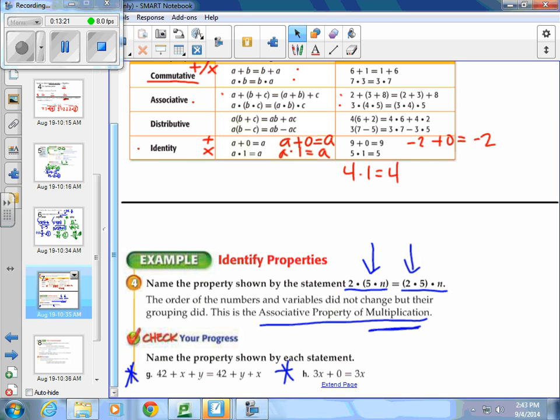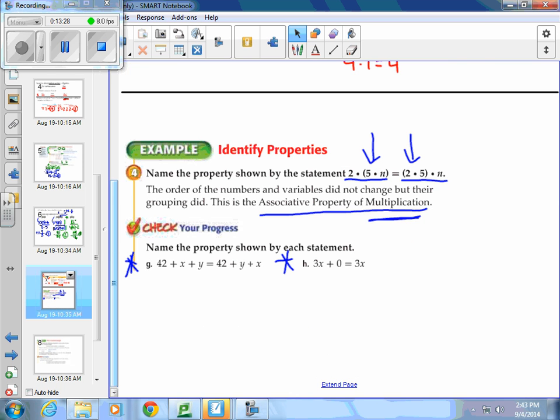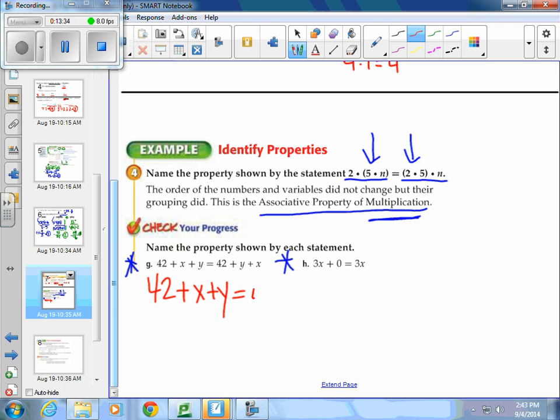So take a second. And we have 42 plus x plus y, and then we keep it 42, but we're changing the order of the y plus x.